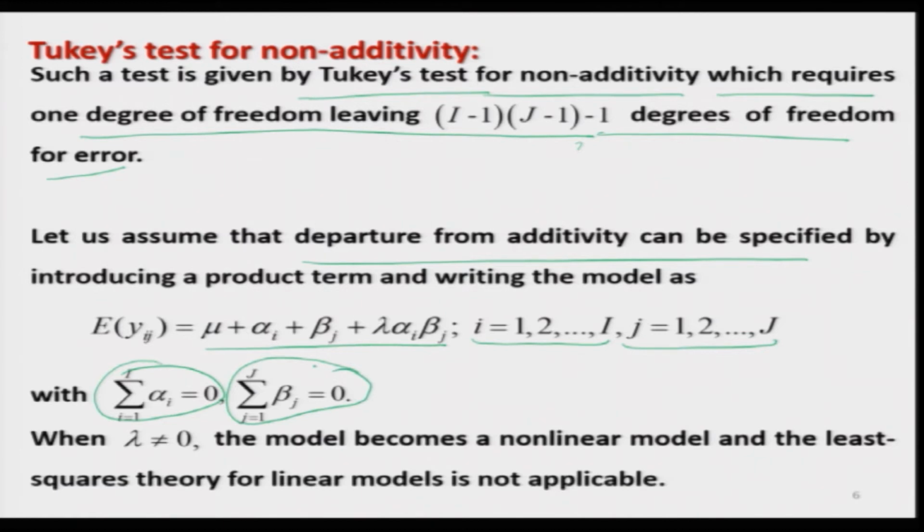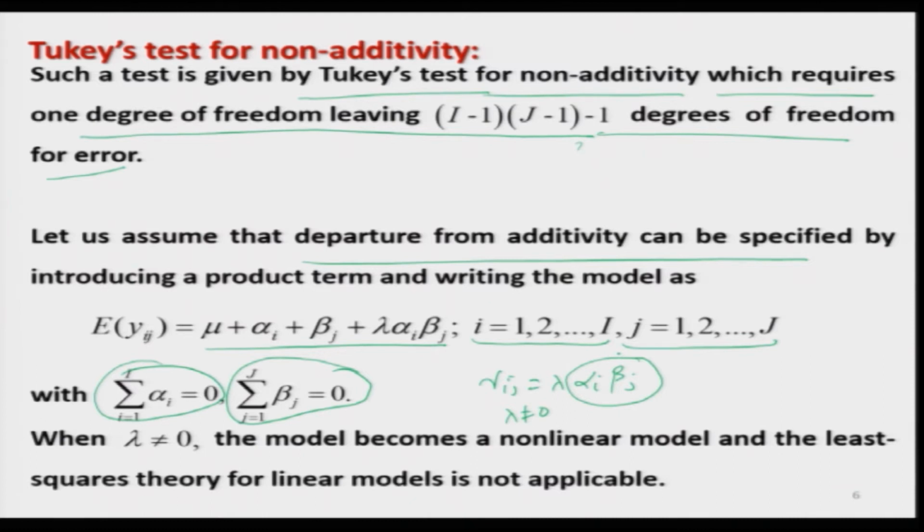Now, one thing we have to understand, once you are trying to write down this interaction effect in the framework of lambda times alpha_i into beta_j, and suppose lambda is not equal to 0, then there are here two parameters alpha_i and beta_j. Now, you have to recall the definition of a linear model.